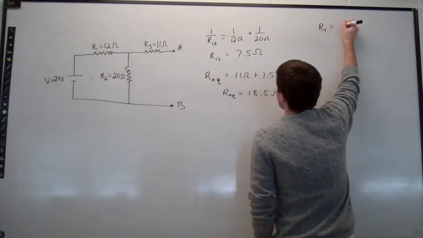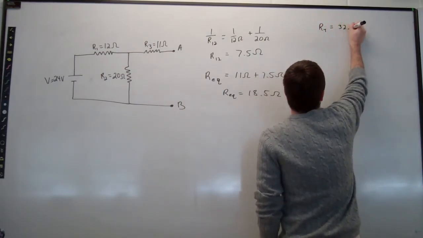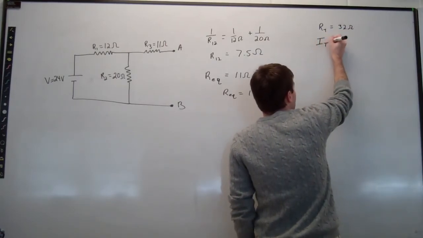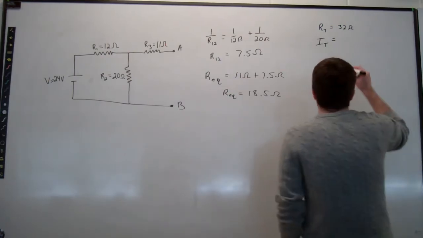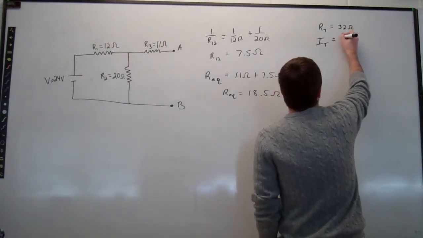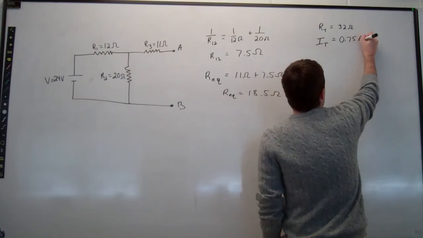So RT is going to equal 32 ohms. What's the total current in the circuit going to equal? 24 over 32, which is 0.75 amps.